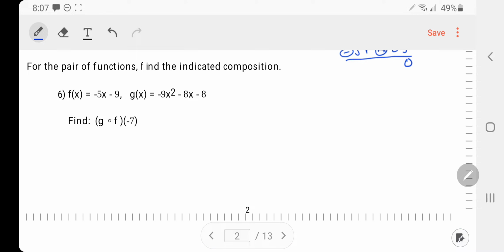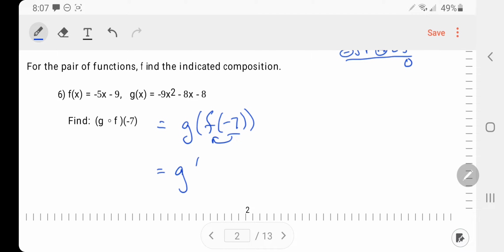Number 6, function composition. g circle f of -7. Here's how this works. First, we're going to rewrite using nested parentheses and then plug and play from the inside out.